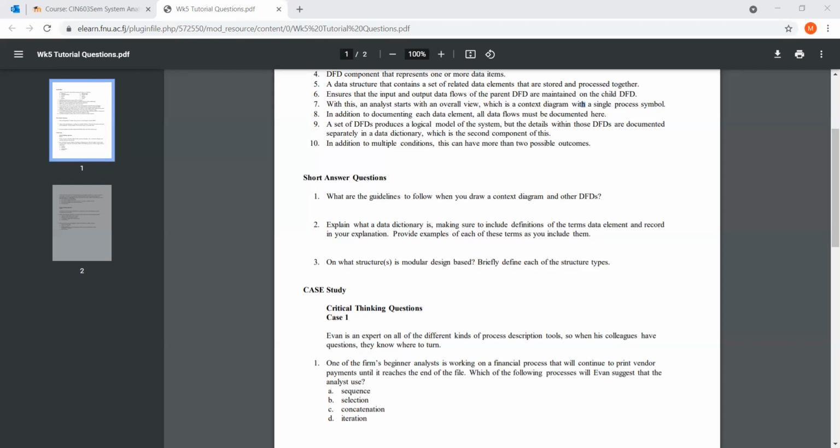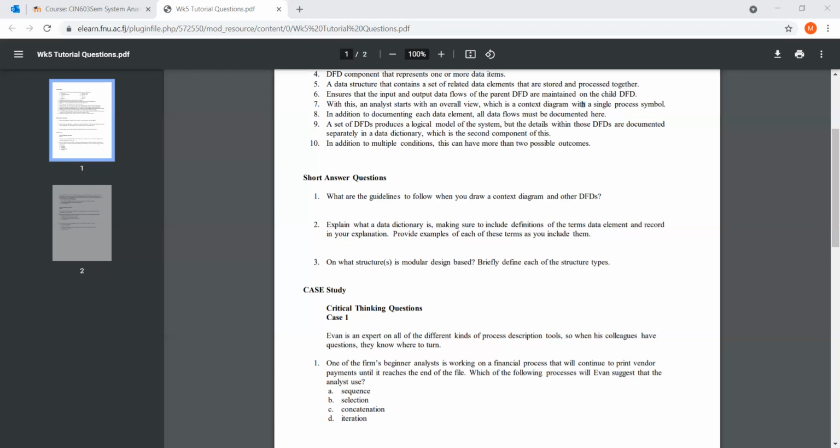Now, question number 3. On what structure is modular design based? Define each of the structure types. So first of all, we'll go and define what all combination of structures are there in modular design. So please write this down.